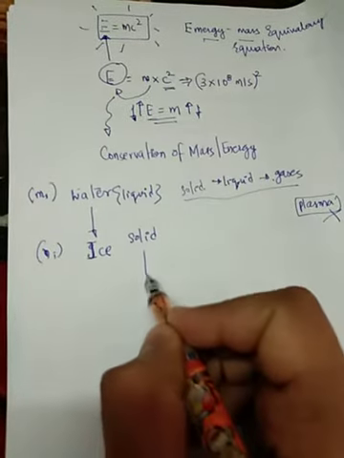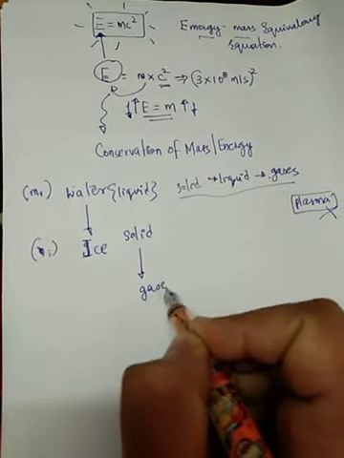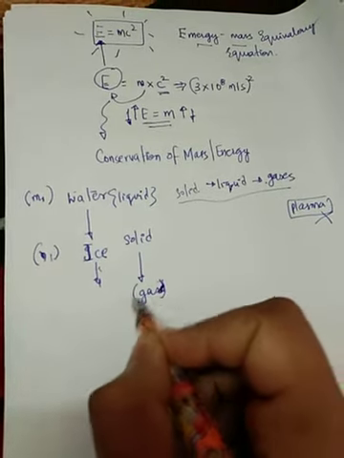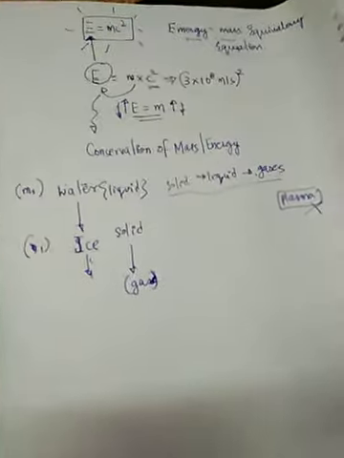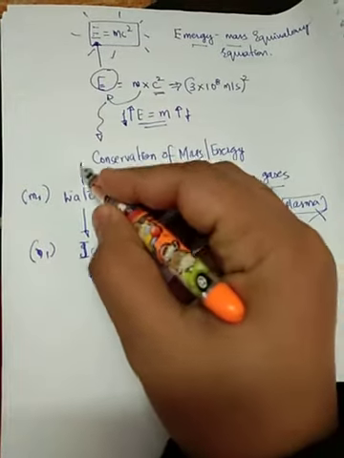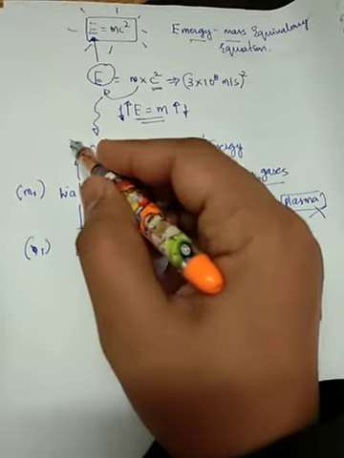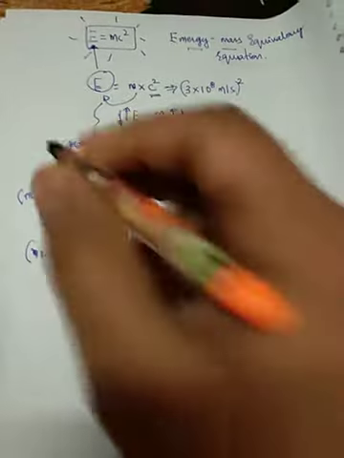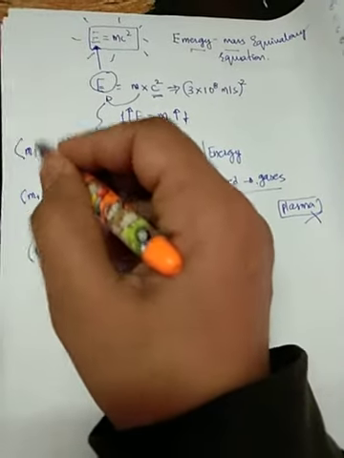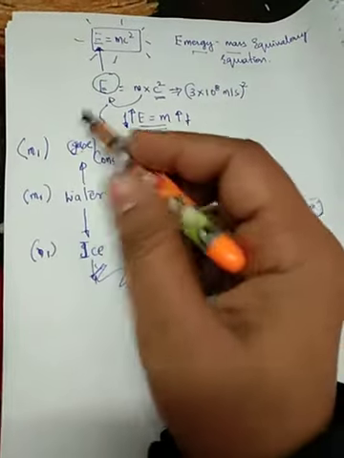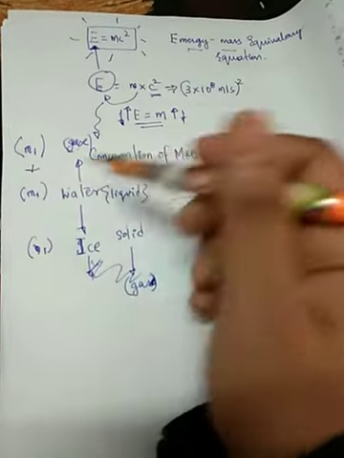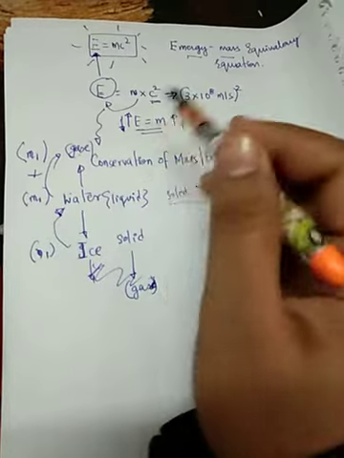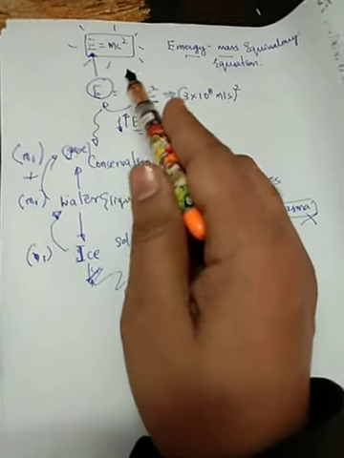If you go for the third one, water to gas, when you heat it up, it becomes gas. Again, if you weigh it, you will get the same mass. So you cannot create mass, and you are not destroying it; you are just transforming it from one form to another form. And that's the idea of E equals mc squared.